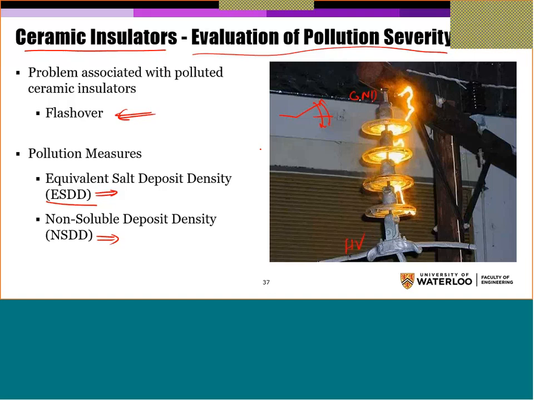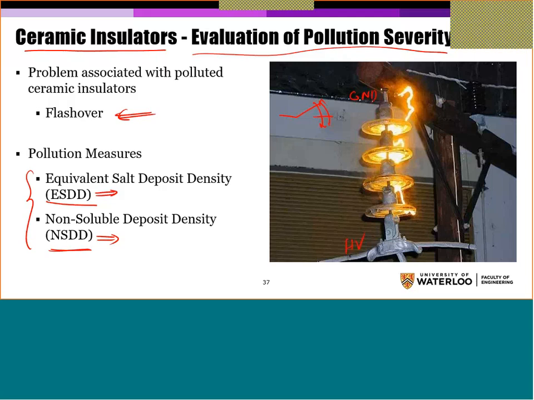On the other hand, the NSDD measures not the conductive or active element, but the inert part, which is the dust, how much dust we have. These two measures are extremely important because they tell us how severe the pollution is. And based on the severity of the pollution, we select how many insulators we need in this specific area, because this is not constant.